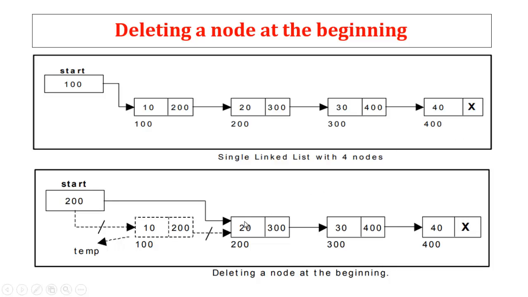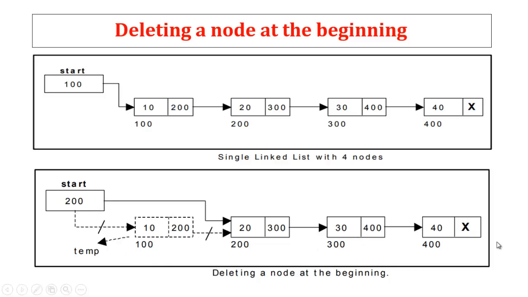The most important thing is that the head pointer points to the first node in the linked list. We have to change the head pointer to point to the second node of the list. Automatically we disconnect the link to the first node, and then we can delete that node from the given linked list.